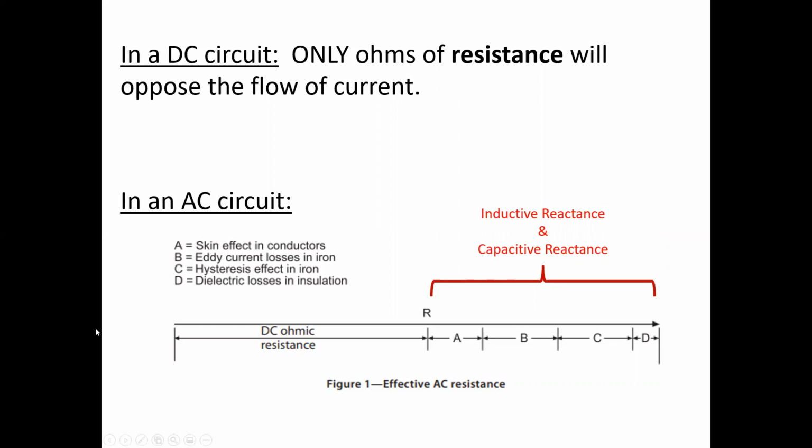We really don't delve further into this discussion between A, B, C, and D and determine exactly how much is skin effect, how much is eddy current, hysteresis, and dielectric. What we do is we group them into these two categories.